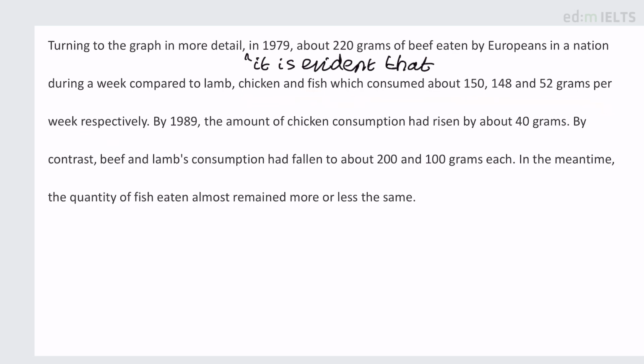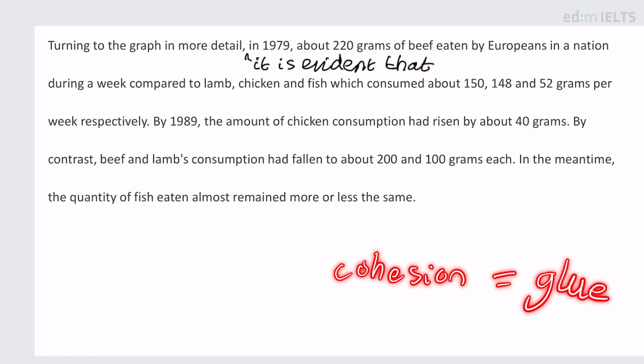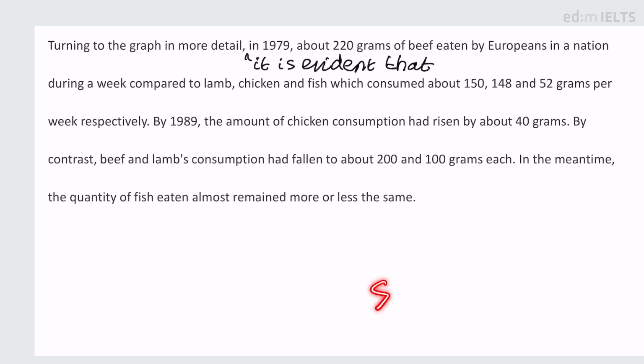So that's a little bit awkward to read, isn't it? We've got problems with the cohesion. Think of the cohesion as like the glue that connects everything together. We want the writing to be smooth, and this is not.